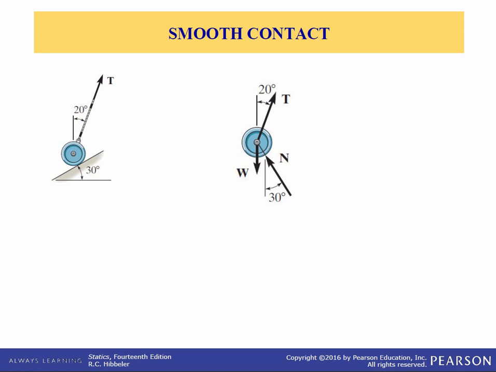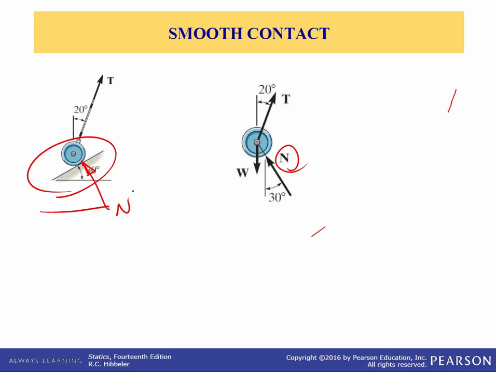The next thing we'll look at is smooth contact. Now, if an object rests on a smooth surface, like in this case on this 30-degree inclined plane, then the surface will exert a force on the object that is normal to the surface at the point of contact. So here's an example, and we see that we put the normal force normal to or perpendicular to the plane.